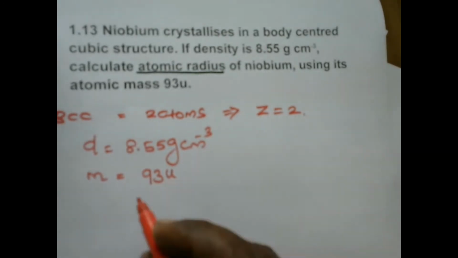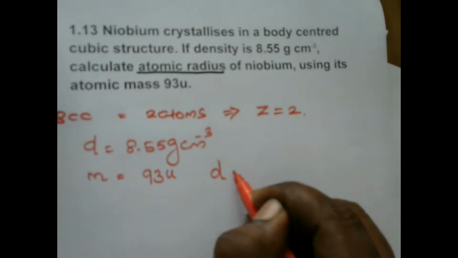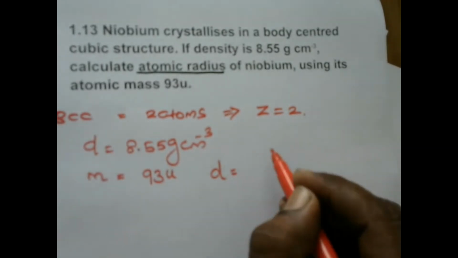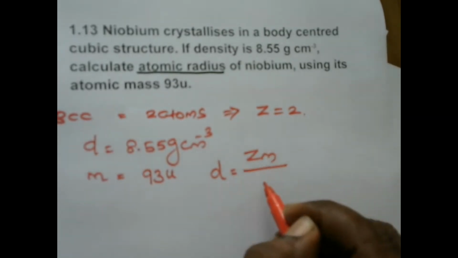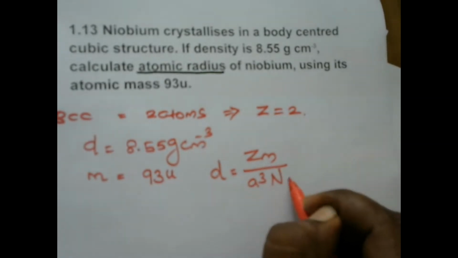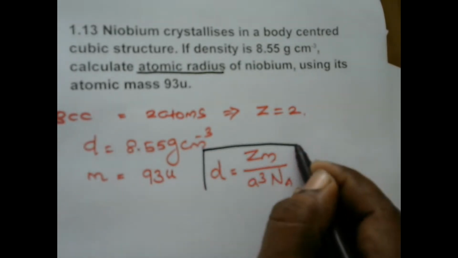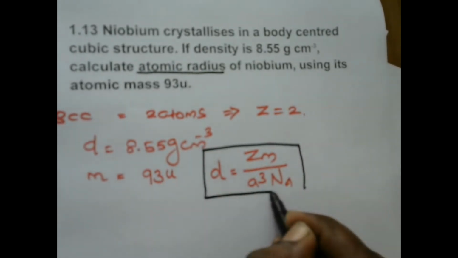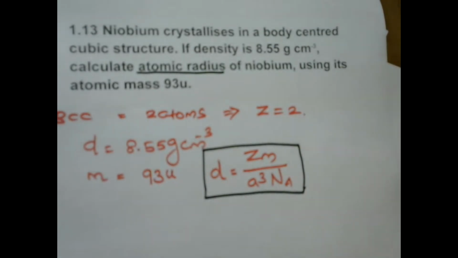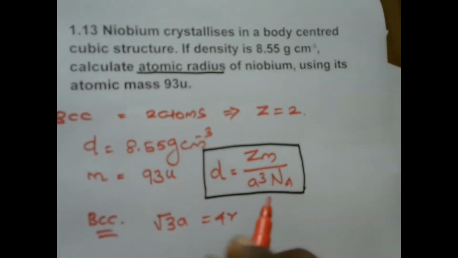So we know that D is equal to Z M by A cube Na. This we know very well. Now for BCC there is a relation between A and R, that is root 3 A is equal to 4R.